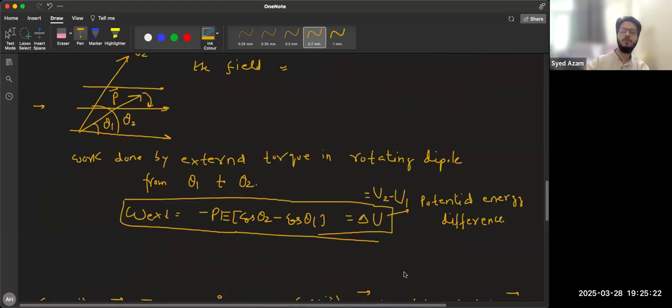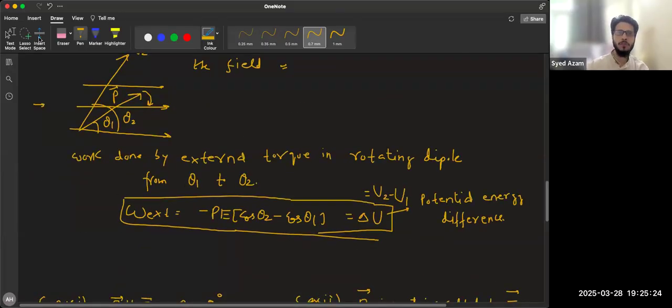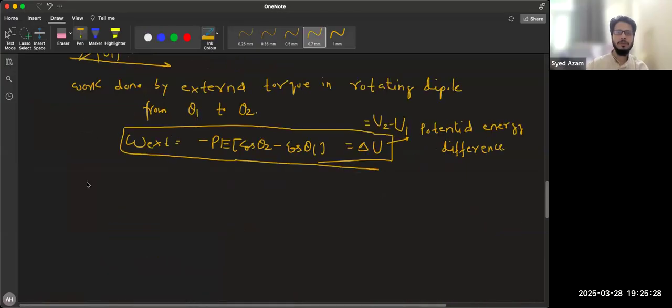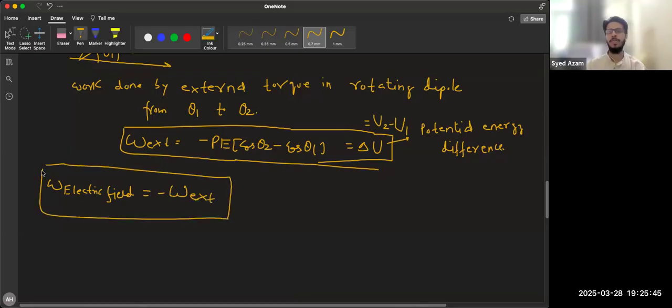But instead of work done by external torque, if you want work done by the electric field, then work done by the electric field is just the negative of work done by external torque.